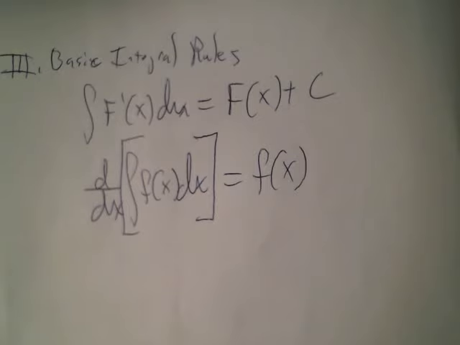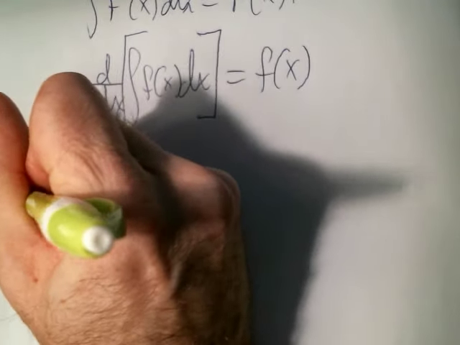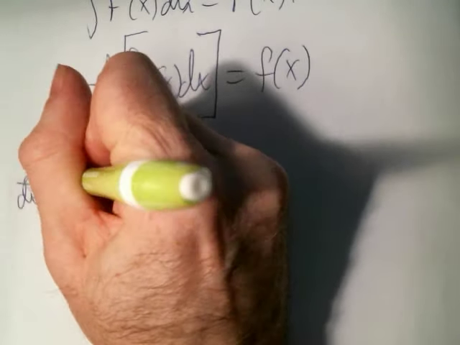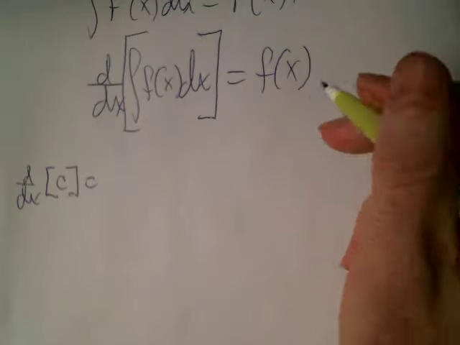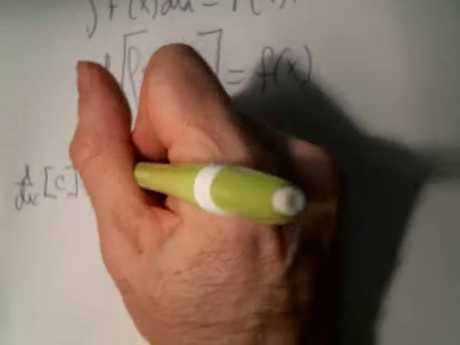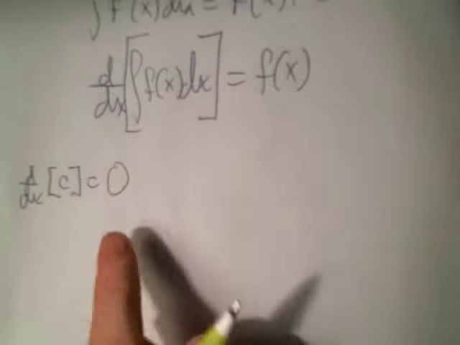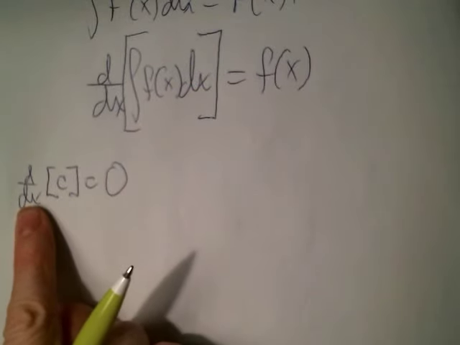Okay, so as I promised, if you know derivatives, you know integrals. So how does that work? Well, what is the derivative of a constant? The derivative of any constant is just 0. So the integral of this thing is equal to a constant.